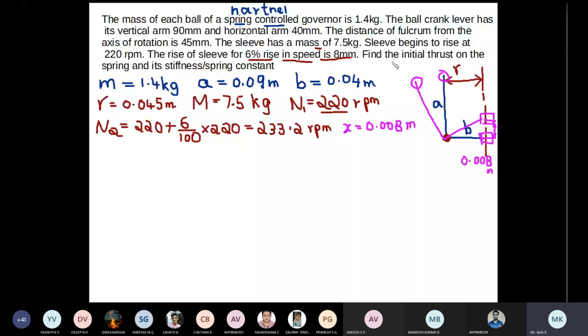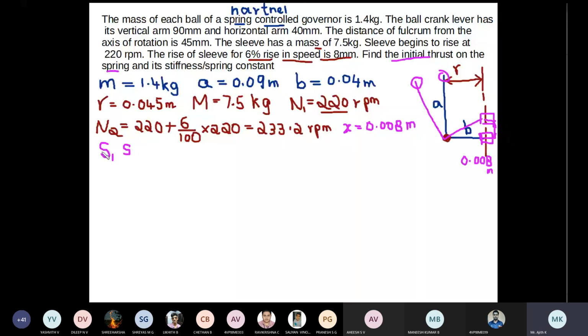You have to find out the initial thrust on the spring. Initial thrust on spring means it is the S1 value. And also you have to find out spring stiffness. Spring stiffness is S. You have to calculate S and S1, where S is spring stiffness and S1 is initial thrust on spring.